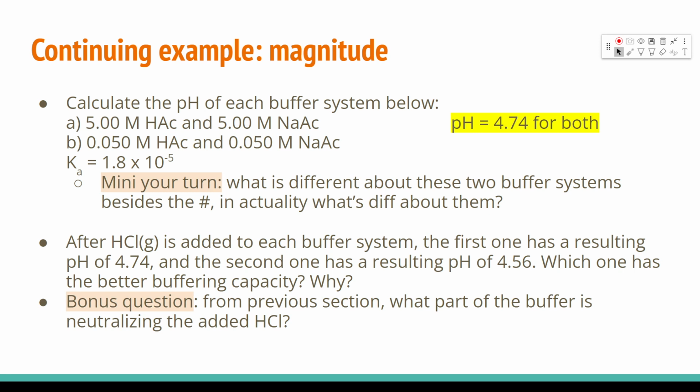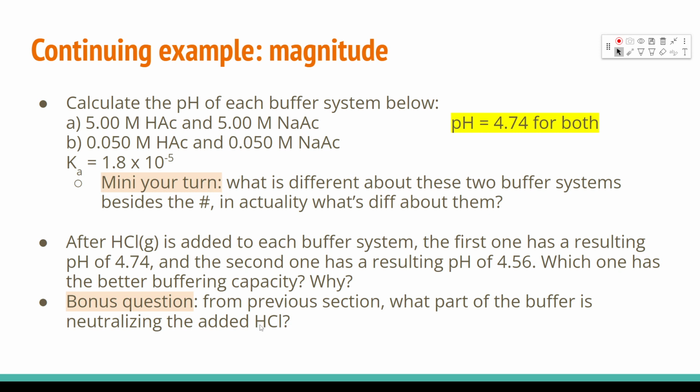Bonus question. What part of the buffer is neutralizing the added HCl? So check real quick. Alrighty, ready? So the part of the buffer that's neutralizing the HCl would be this guy, the conjugate base. The conjugate base is going to act like a base.